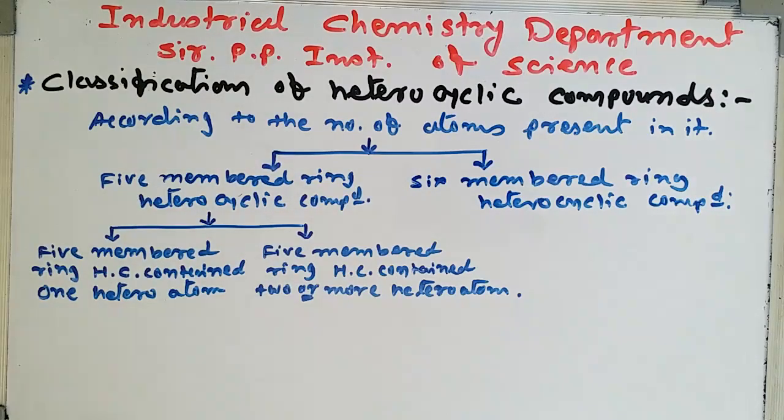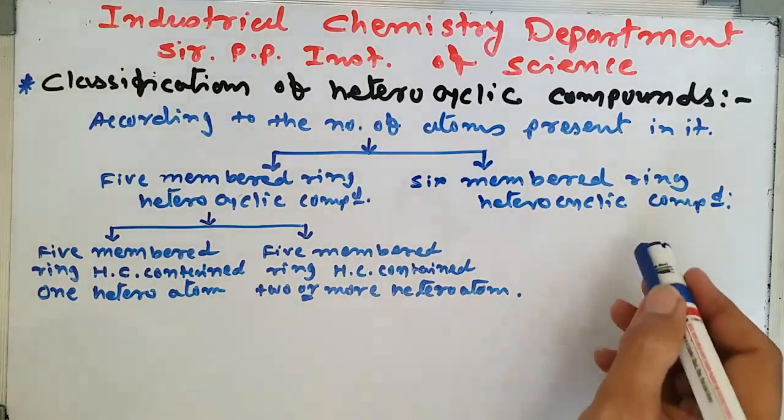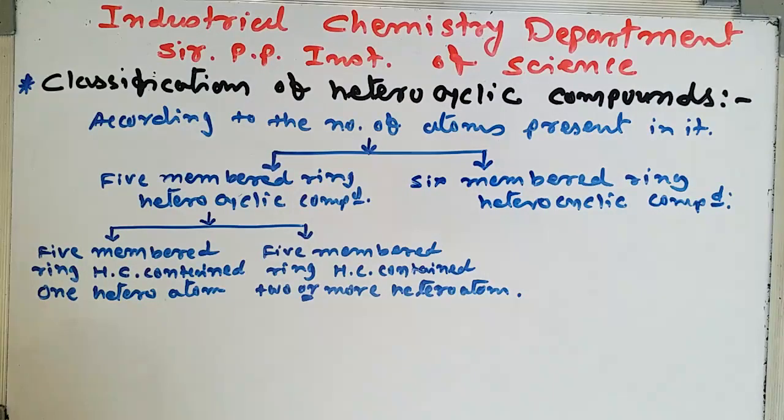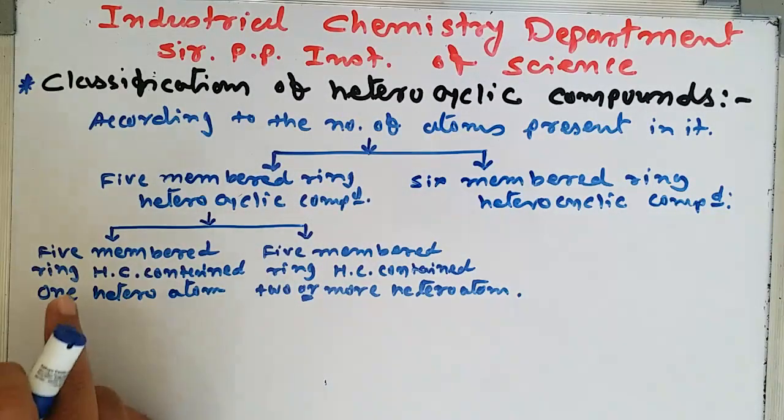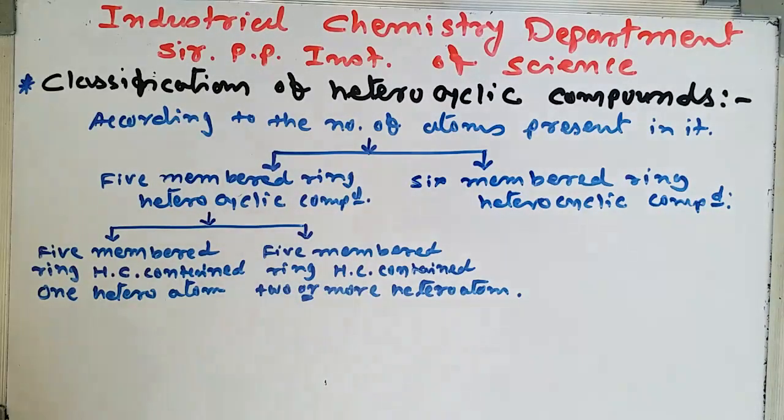And here also there is classification. First of all, we see 5-member ring heterocyclic compounds, which are classified into two parts: 5-member ring heterocyclic compounds containing one heteroatom, and 5-member ring heterocyclic compounds containing two or more heteroatoms.